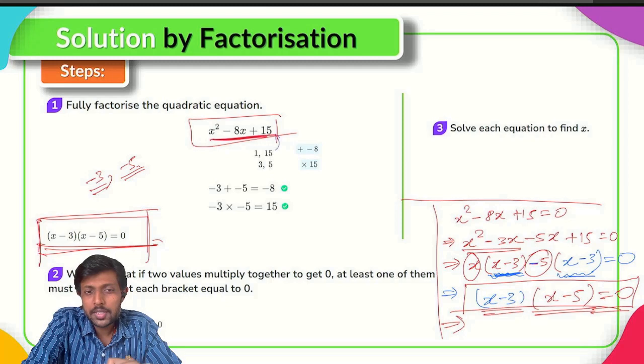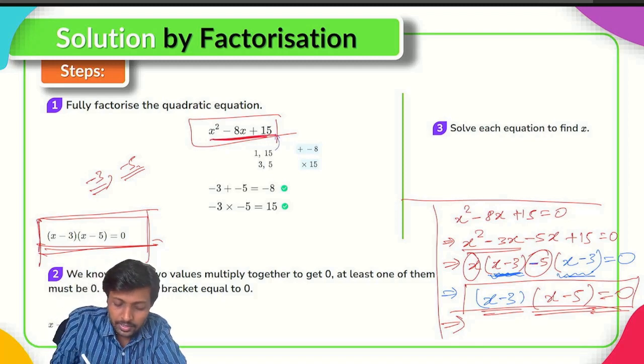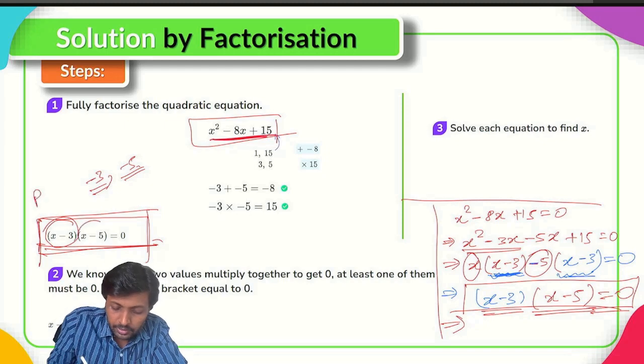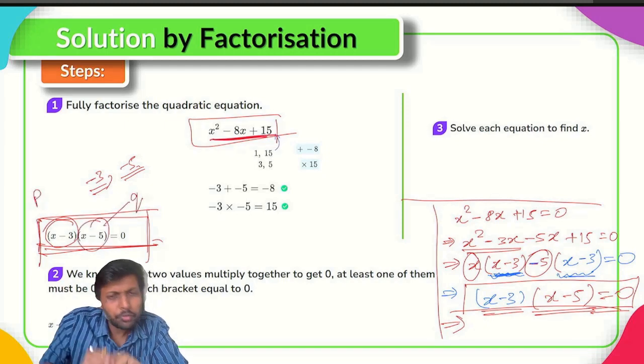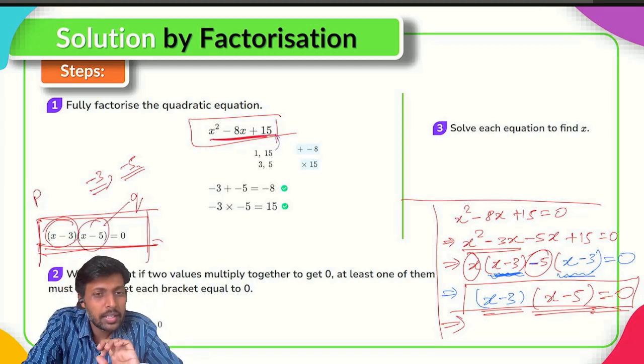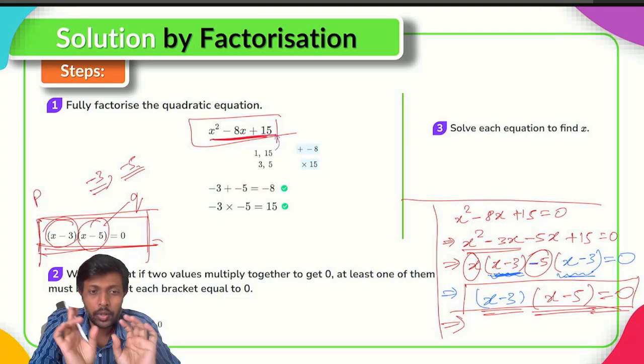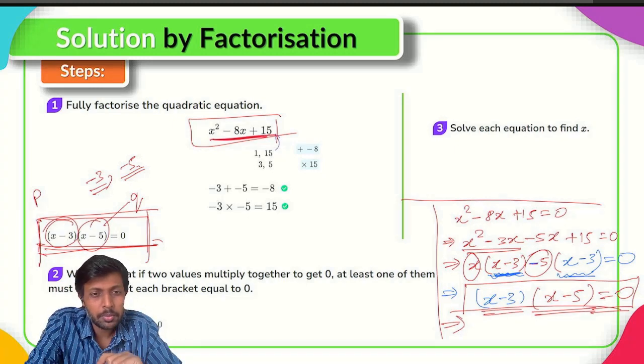If the product of two numbers is 0, let's call this number p and this q. If p into q is 0, can I say that one of those must be 0? They can both be 0, yes, they can both together be 0. That's one possibility.